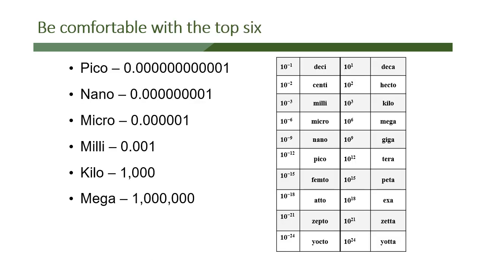So I said you want to be comfortable with different levels of scientific notation equivalencies. And so do not worry about what's on the right. That's for entertainment purposes. I love the 10 to the 24th power. It's called a iota, I think that's the way it's said. But the ones that we use in electronics are pico, which is, as you can see, 10 to the minus 12.